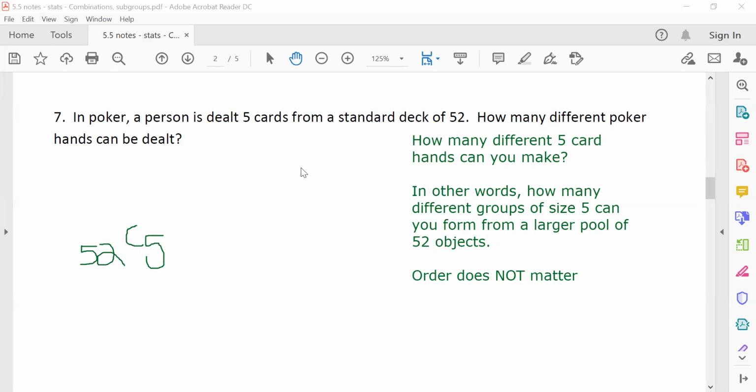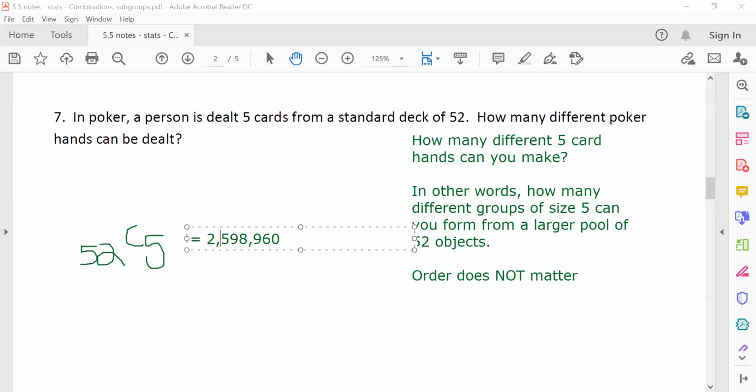Let me just copy it over here. $2,598,960. Wowzers. That's a lot. That's huge. There are almost 2.6 million different hands you could get in a single game of poker.